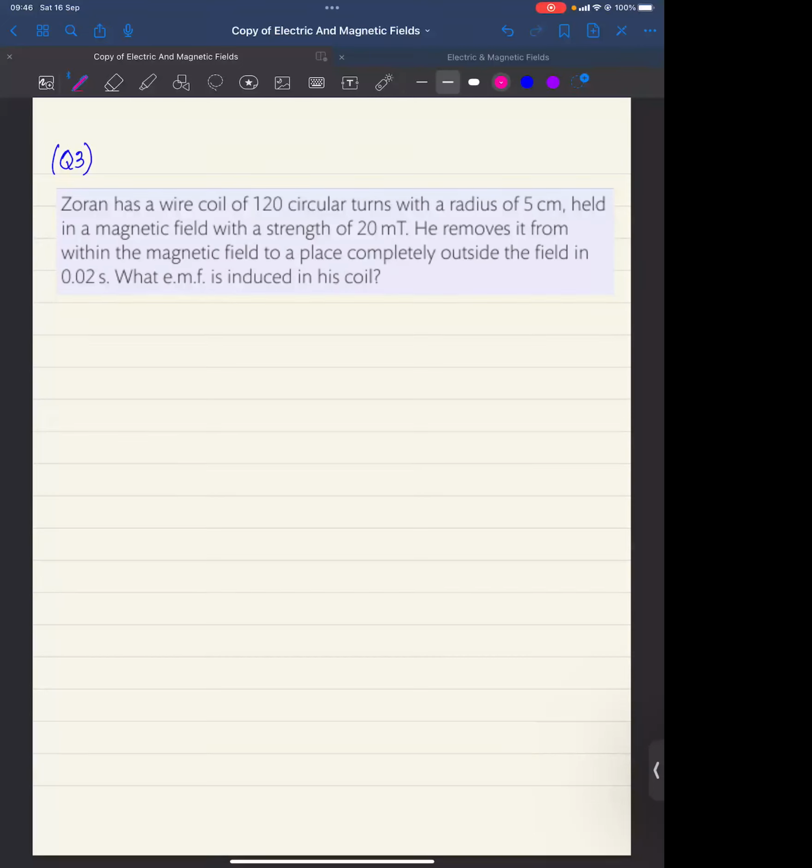He removes it from within the magnetic field to a place completely outside the field in 0.02 seconds.